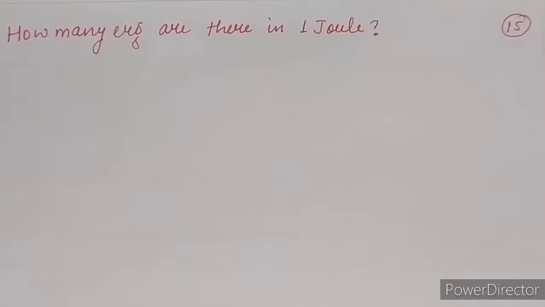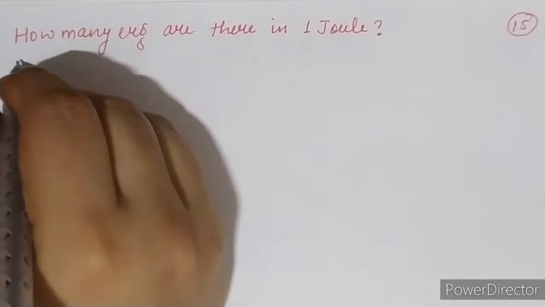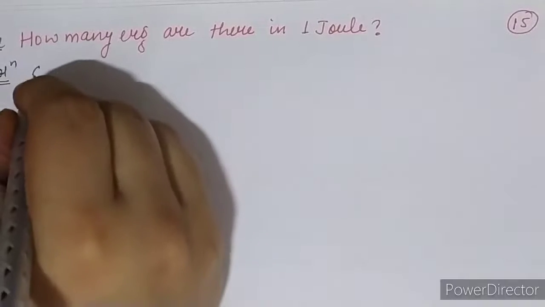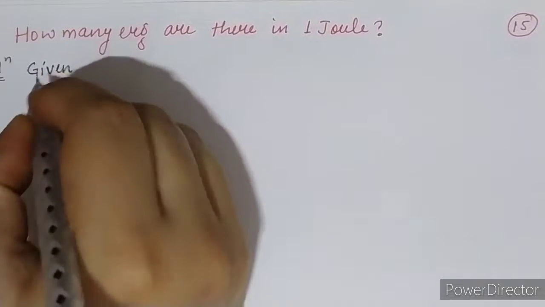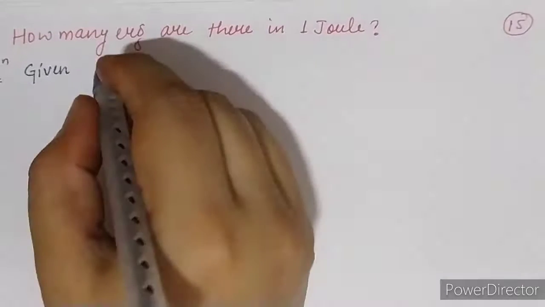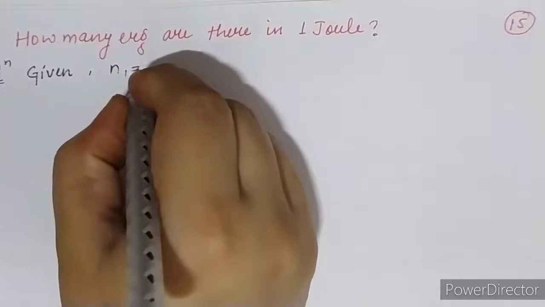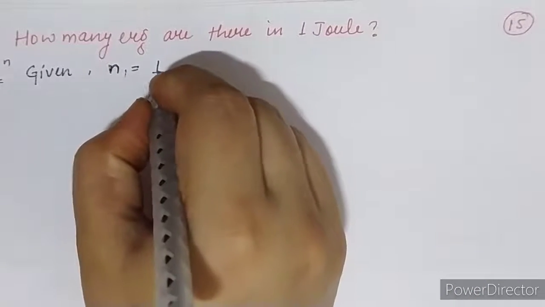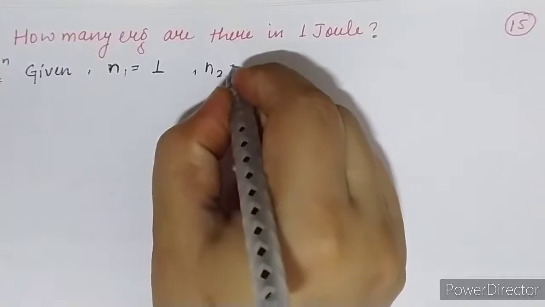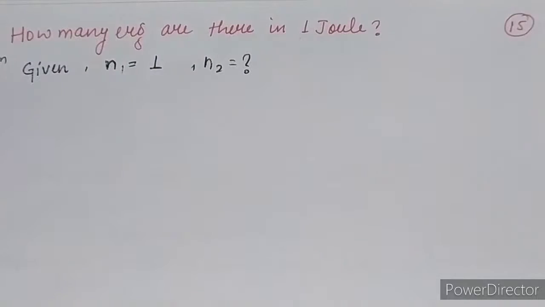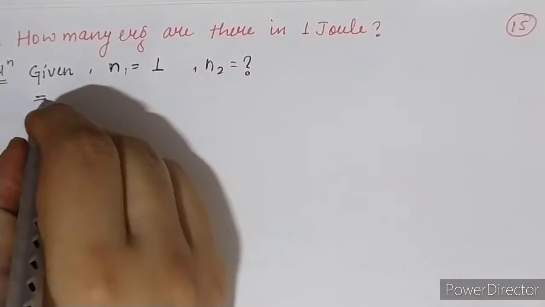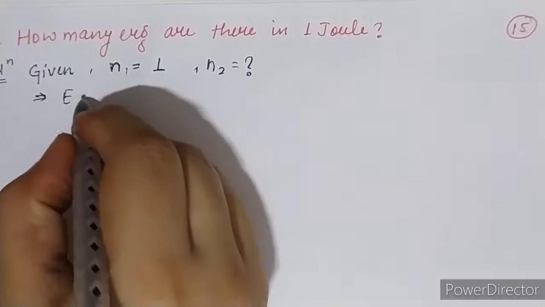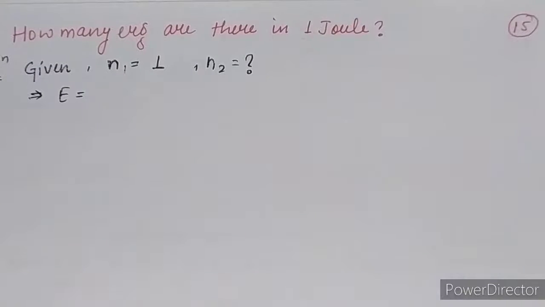For energy, first we write the given values in the solution form. N1 is 1 joule, so 1. N2 we have to calculate. Now the dimensional formula of energy is force into displacement.